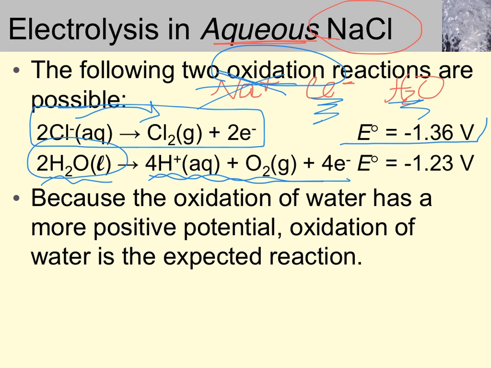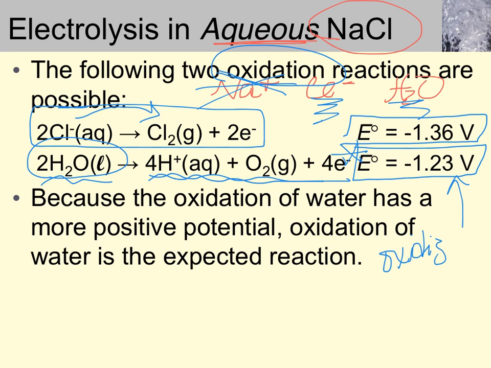And so you look at the two oxidation reactions and which one is most positive or which one is least negative. It would be water. And so water would be oxidized preferentially over chloride ion. So the chloride won't happen in this situation.